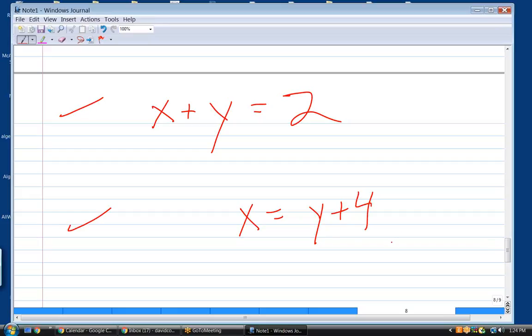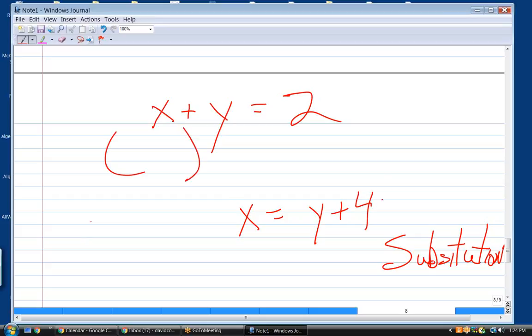Now, instead of using elimination, we're going to use substitution. And it's exactly what it says. We're going to substitute. We're going to go into this first equation, x plus y equals 2, and in place of the x, we're going to put that, because that's what x is equal to.